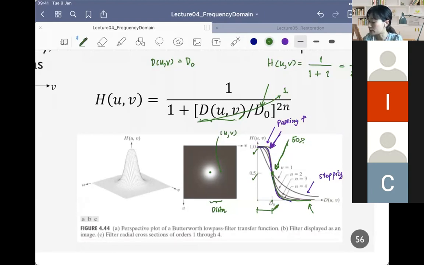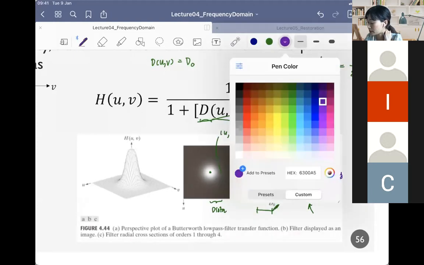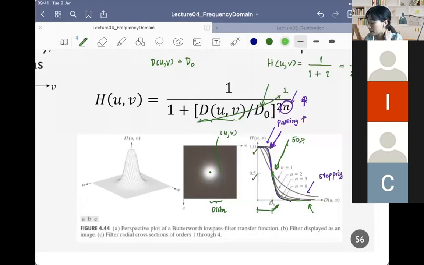And there is another parameter, n, as well. If the parameter n is increased, you will see from the graph here. I'll change the color a little bit, so I'll use the green color for parameter n.